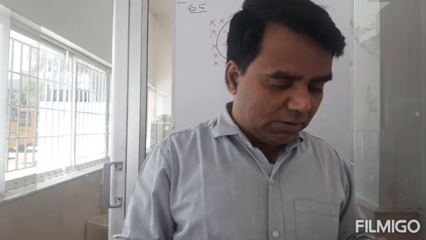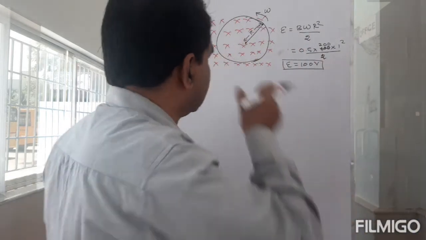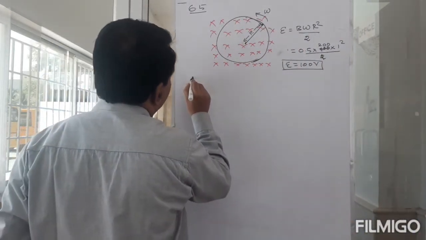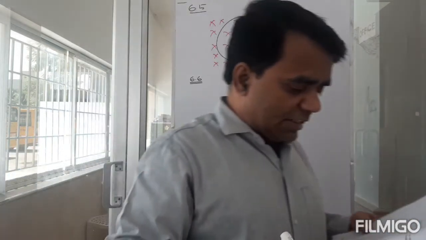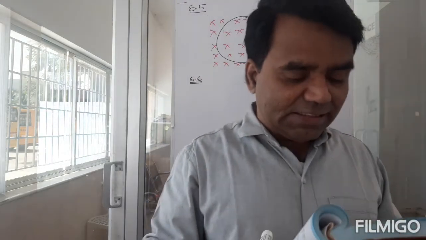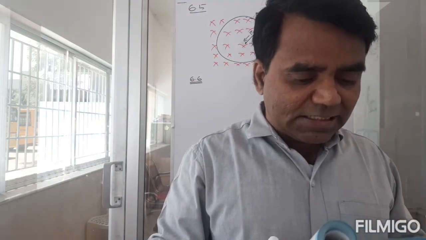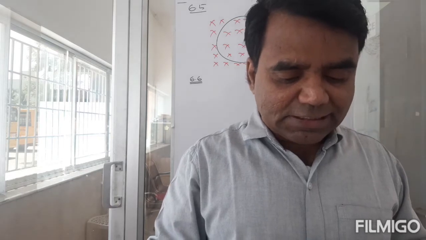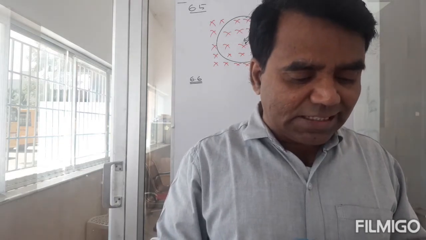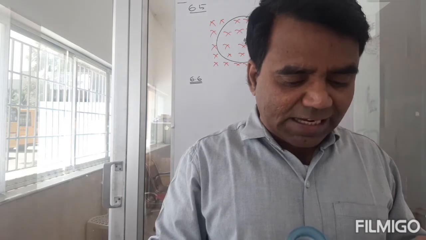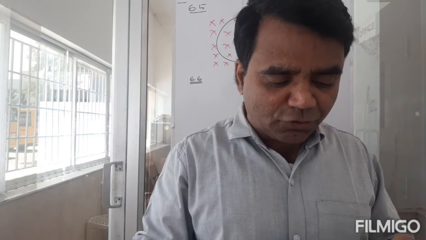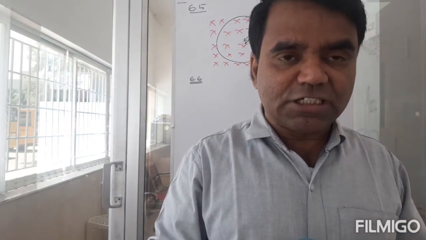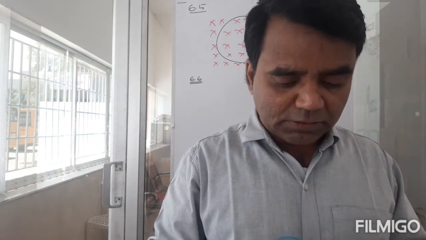Okay, then let's move on to problem 6.6. A circular coil of radius 8 centimeter and 20 turns is rotated about its vertical diameter with an angular speed of 50 radians per second in a uniform horizontal magnetic field of magnitude 3 into 10 power minus 2 Tesla.